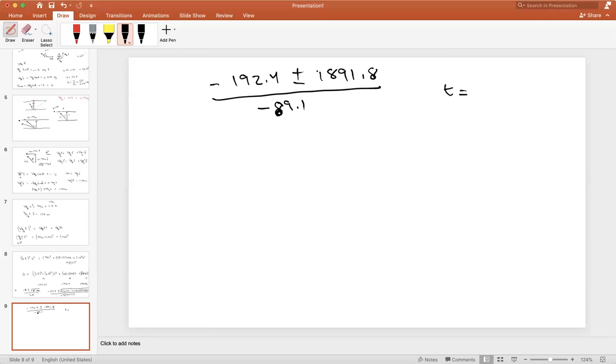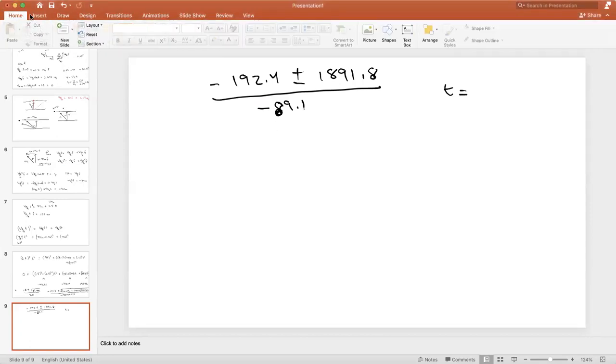So 1891.8 plus 192.4, divide that by 89.1, the negative signs cancel, and I get 23.4 seconds. I was double checking myself before I went any further. So 23.4 seconds. That is my time. So that's how long it takes to get across the river.